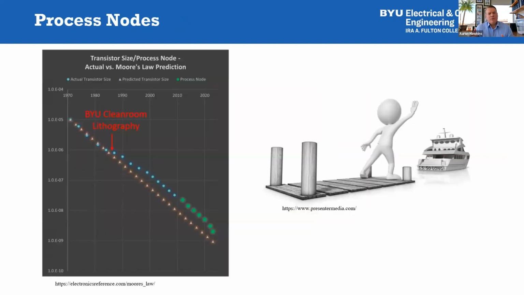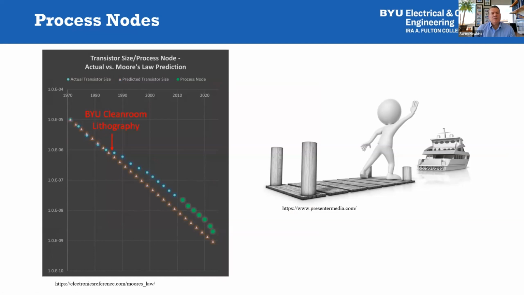Now, that's fairly small, but many people ask me, well, what process node did you use to make these wafers? Well, process node refers to the feature size, and it's an offshoot of Moore's law. On this graph, you can see on the left side, it's a logarithmic scale showing lithography feature size versus year.